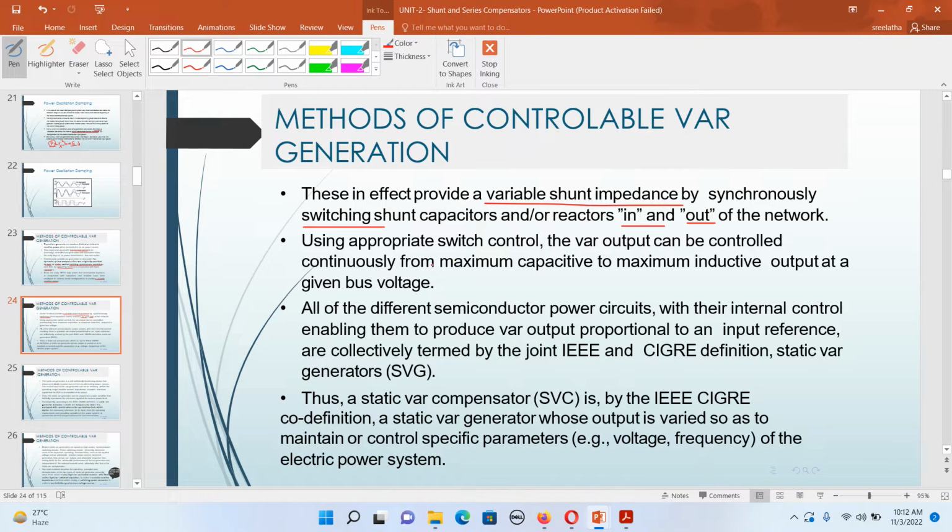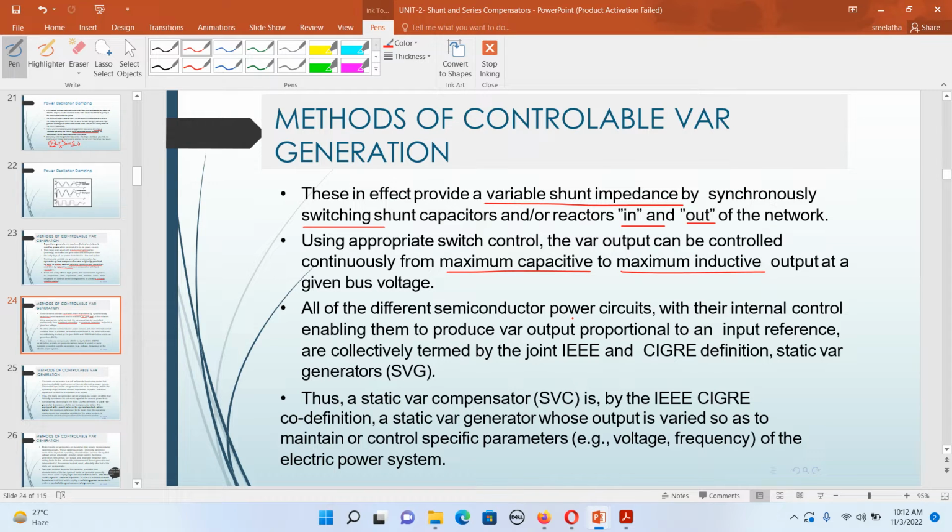The var output can be controlled from the maximum capacitive, meaning maximum reactive power generation, to the maximum inductive, meaning the most reactive power you can absorb from a system.